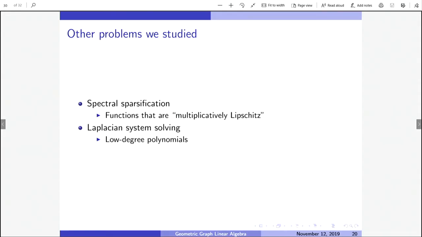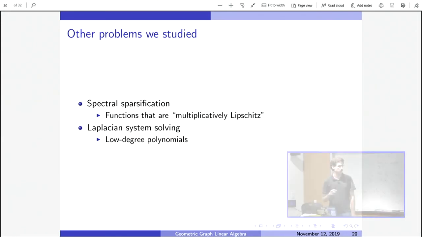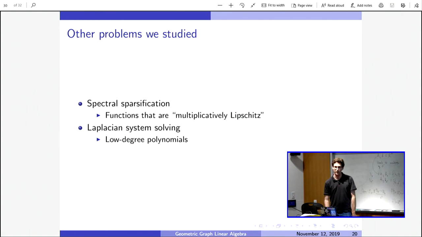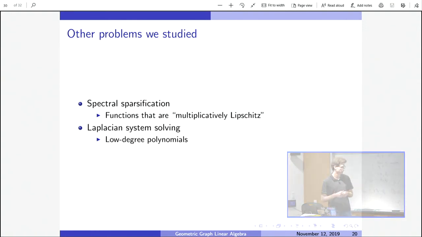In addition to this problem, we also looked at some other problems. We also showed some results for spectral sparsification and solving Laplacian systems. In particular, the kinds of functions that are amenable to sparsification are ones that are multiplicatively Lipschitz.